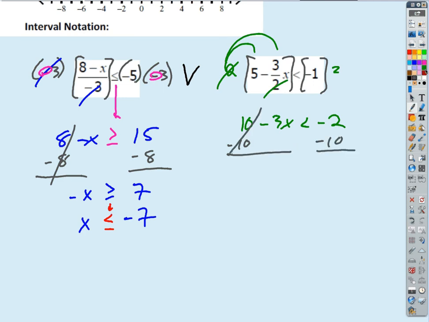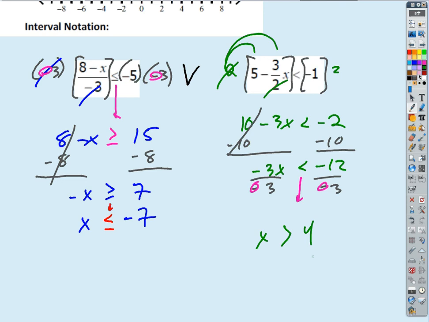Those go away, and I get -3x is less than -12. Good. Divide each side by -3. Whoops. Which means I've got to flip that sign around. And so I end up with x is greater than 4.